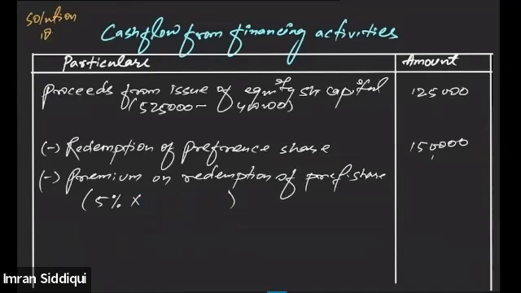We have paid 1,50,000 as a redemption, and we have to pay a premium on it. So on 1,50,000, we will be paying 5% extra. So we have to calculate 5% on the 1,50,000. I just calculated the dividend on preference share. I'm sorry. 5% on 1,50,000 will be 7,500. Yes, 7,500. So I'm writing this in bracket indicating that it is an outflow of cash.